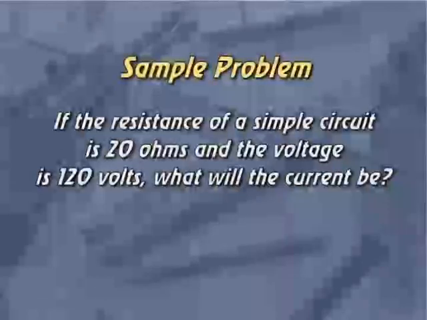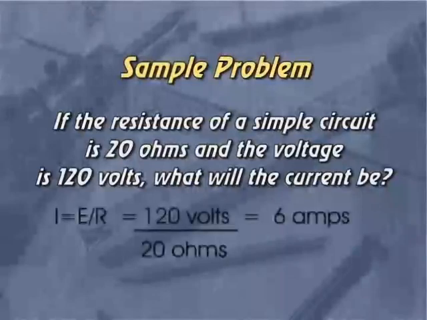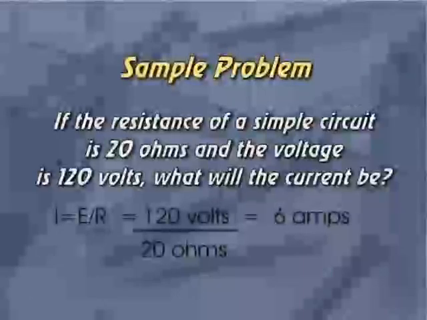The resistance of a simple circuit is 20 ohms, and the voltage is 120 volts. So we convert the middle formula into I equals E over R, or current equals voltage over resistance. So we put in 120 over 20 ohms, and we end up with 6 amps, the correct answer.